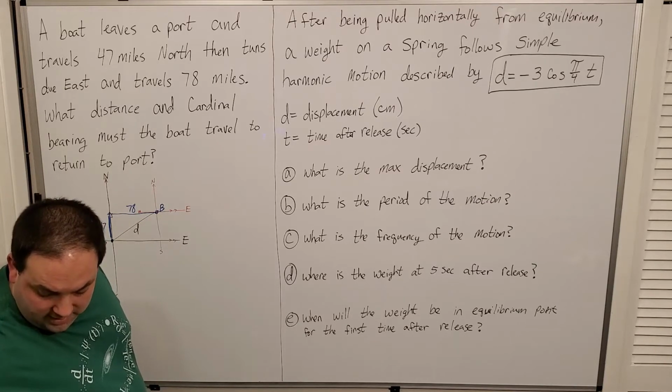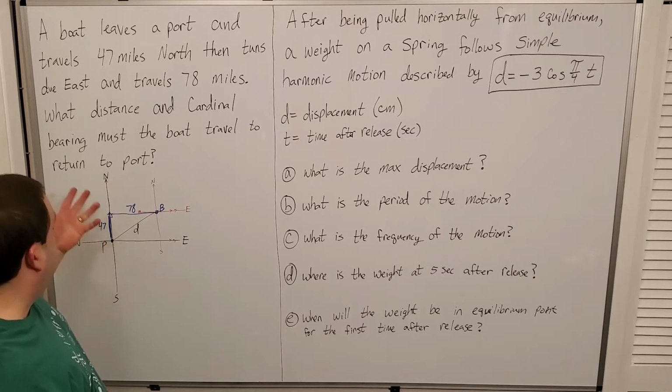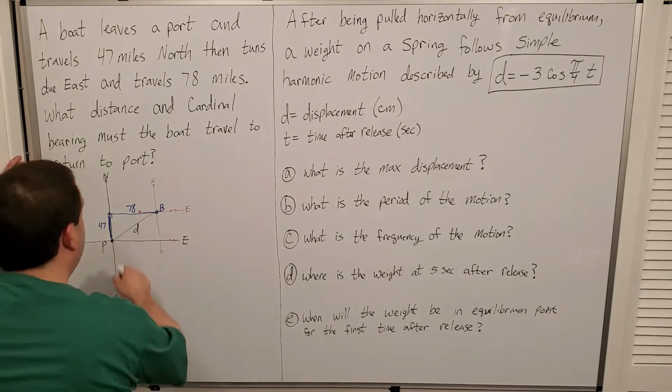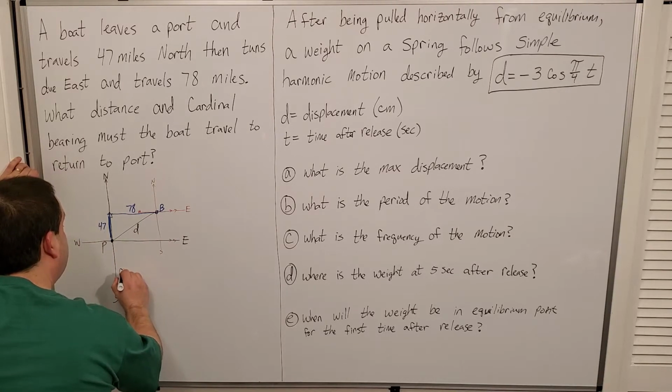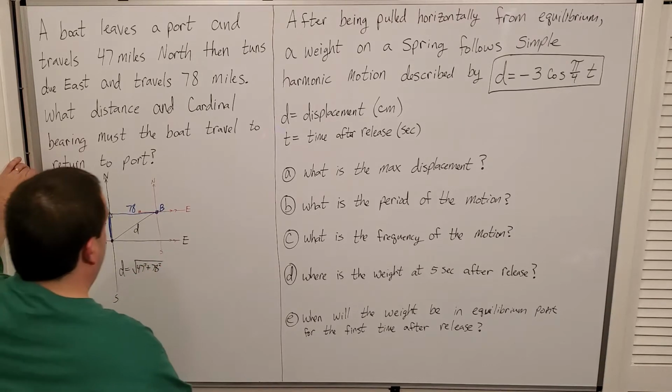So the distance is pretty straightforward. I have a right triangle here, and I can just use the Pythagorean theorem to find the distance. This distance right here is simply the square root of 47 squared plus 78 squared.